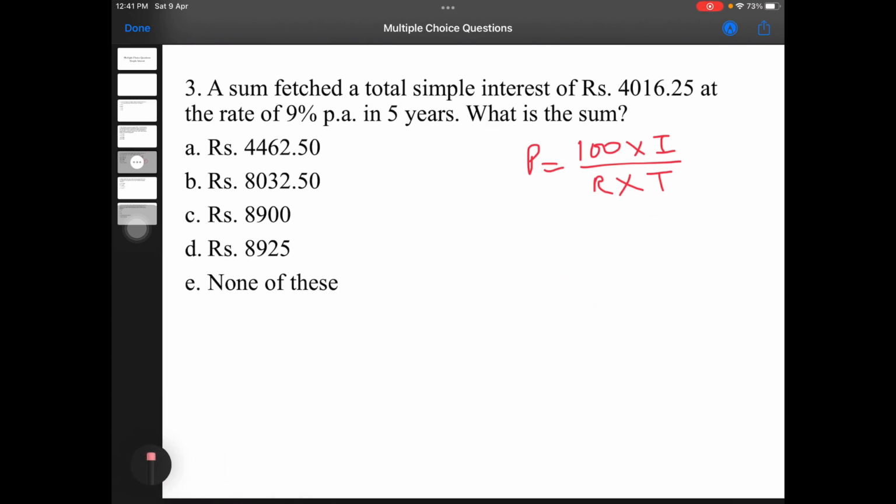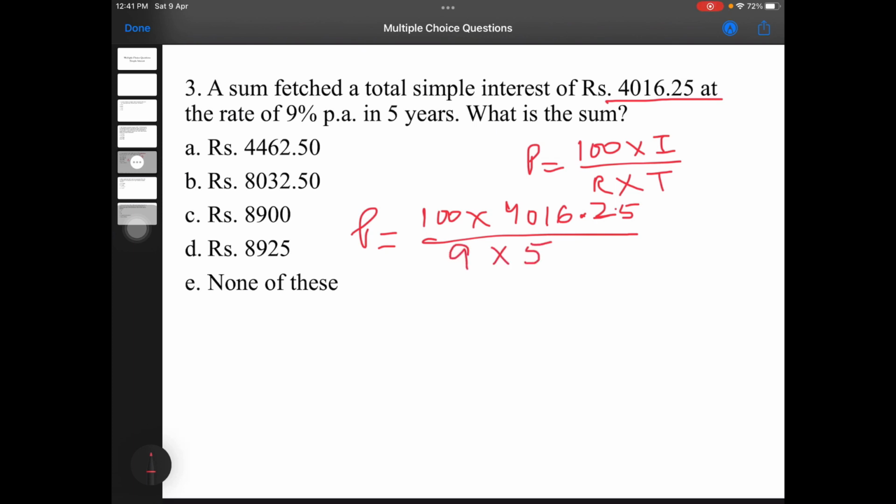So we just have to substitute the given data here. P is equal to 100 multiplied by simple interest, 4016.25, divided by the rate of interest, 9%, multiplied by the time period, 5. So P is equal to 401625 divided by 45.